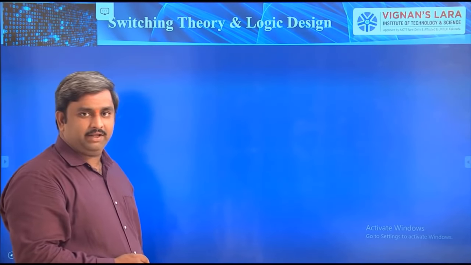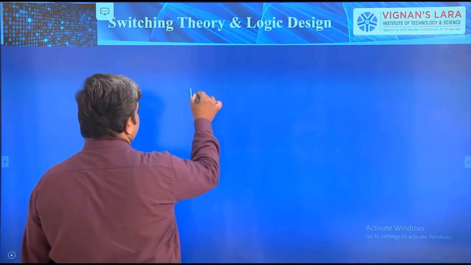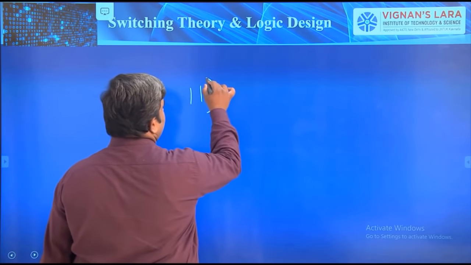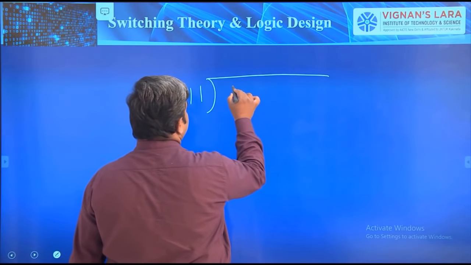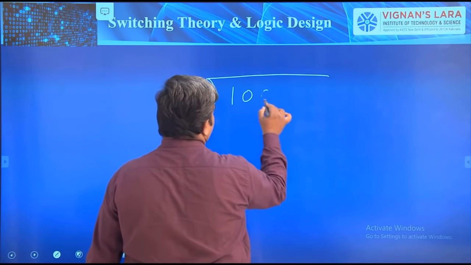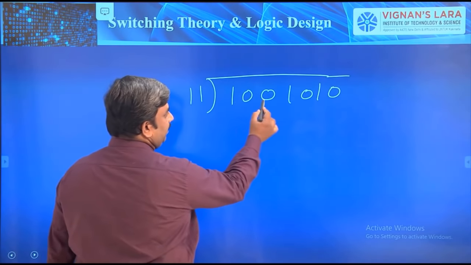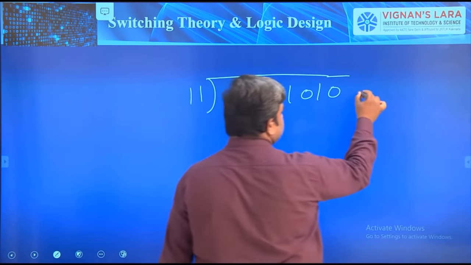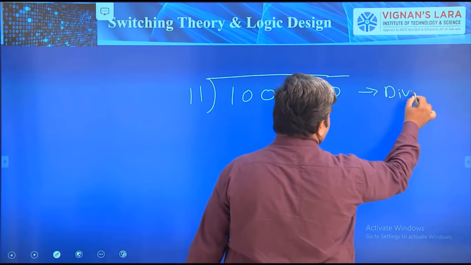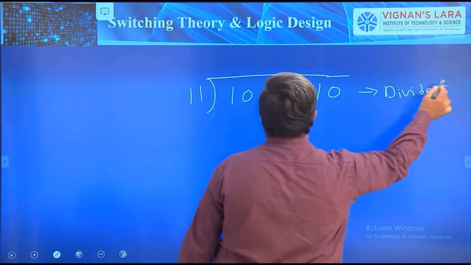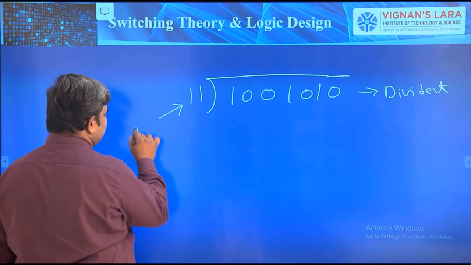Let us see the binary division operation. I am taking an example. So, 1001010. This is called the dividend, and this is called the divisor.